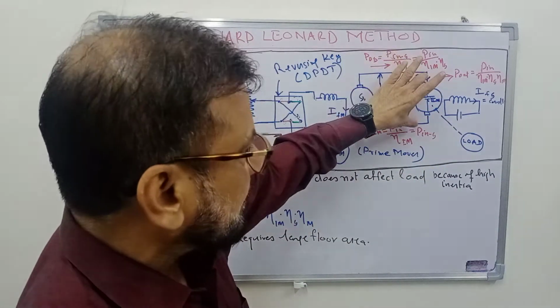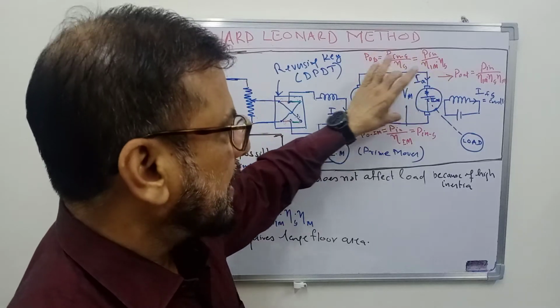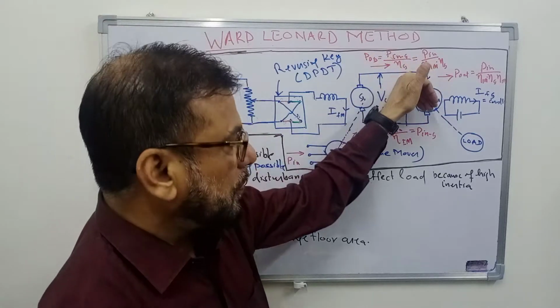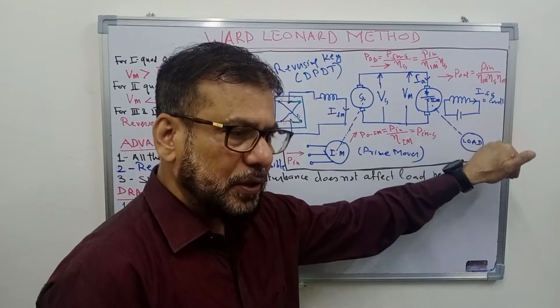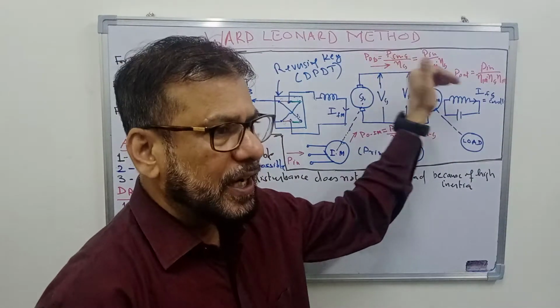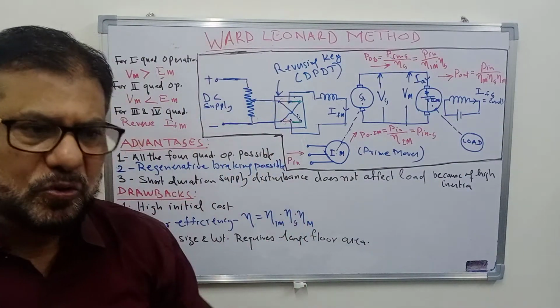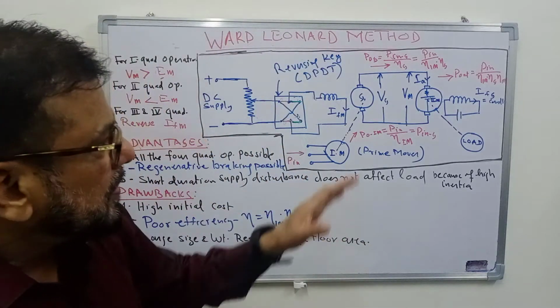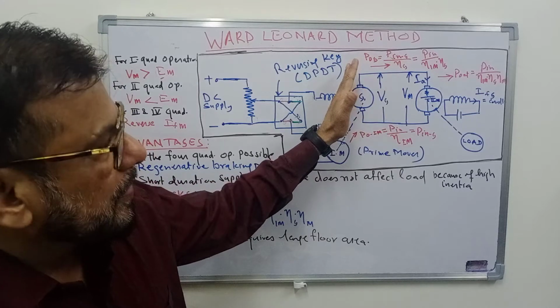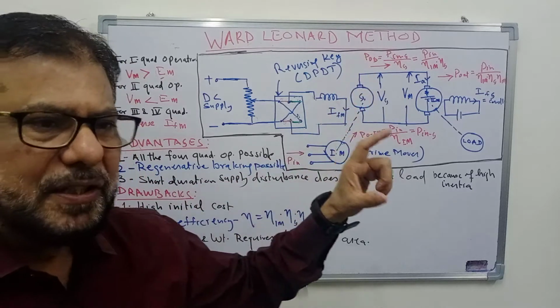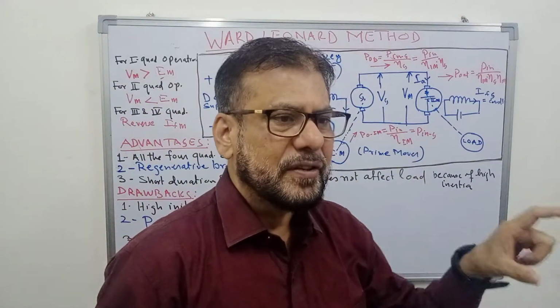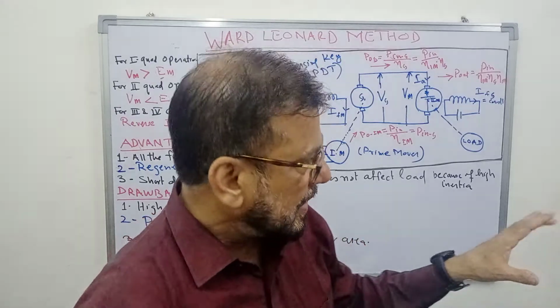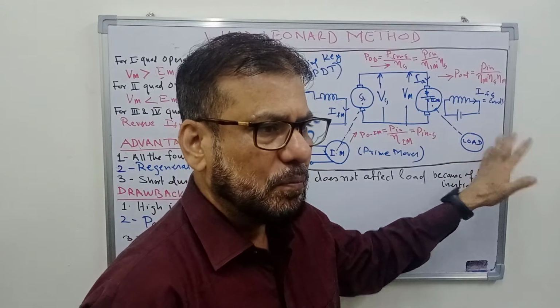Actually, it is power that is taken by the motor, which is converted into mechanical power and delivered to the load. So this current will be a high current, and that may also vary with load. This means that the power supply here should be such that the voltage remains constant, independent of load on the motor.